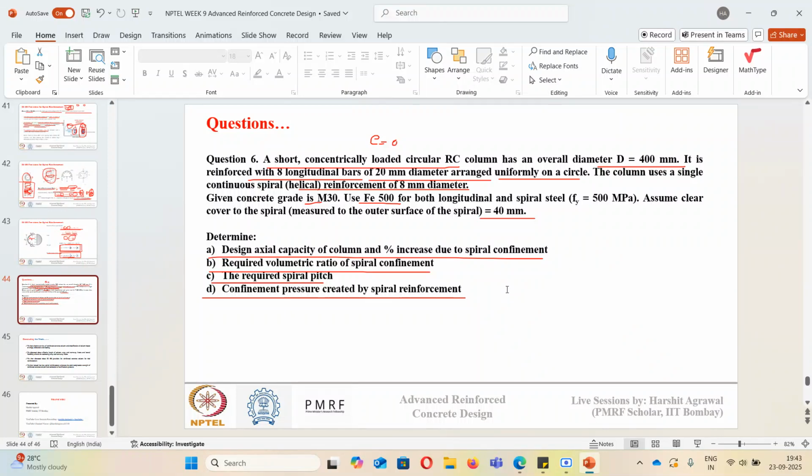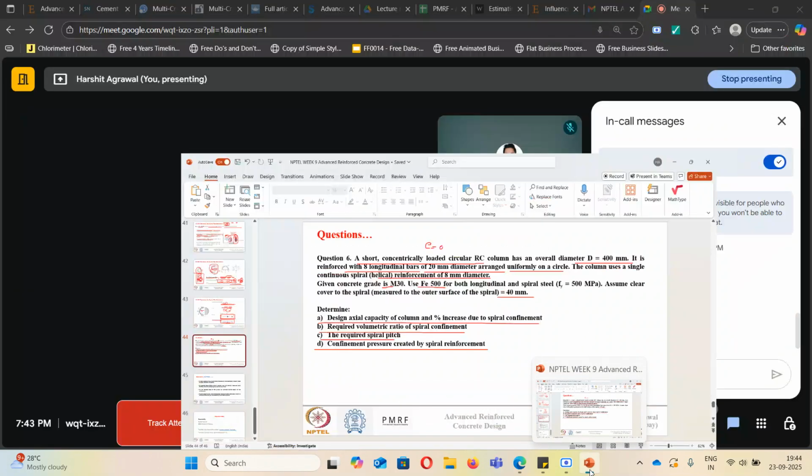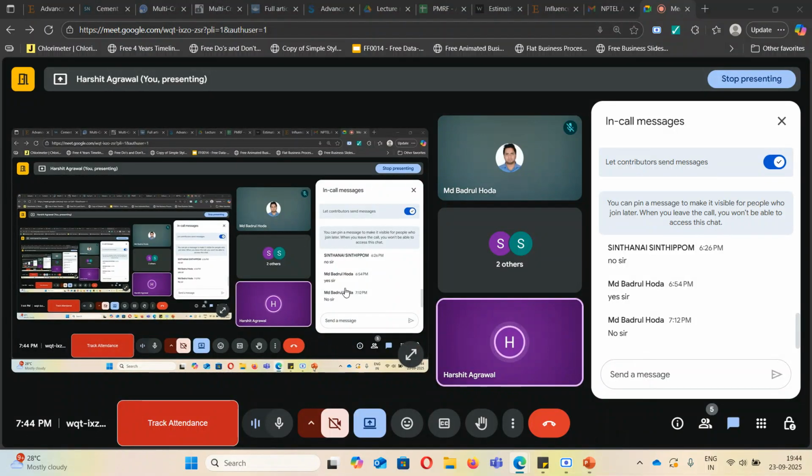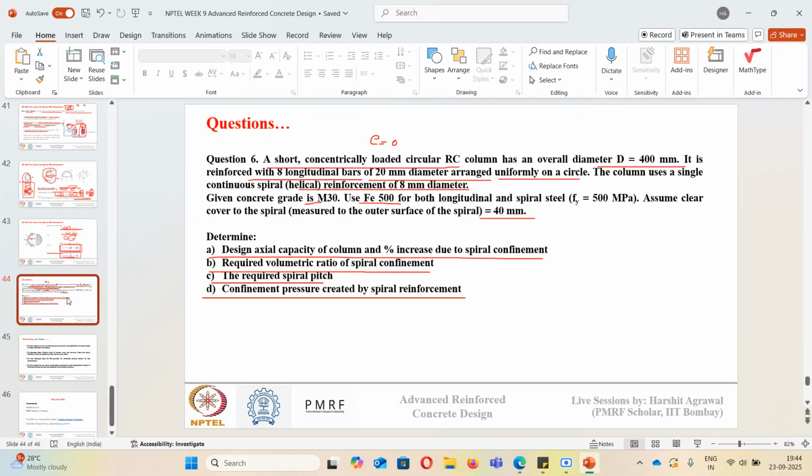What will be the first step? Okay, let's see the solution. Maybe after the solution it will be clear to you.